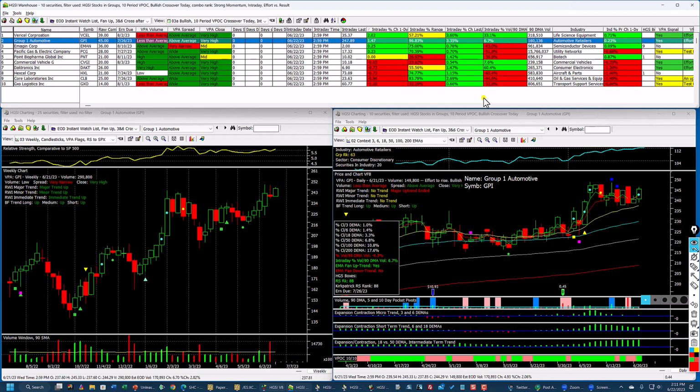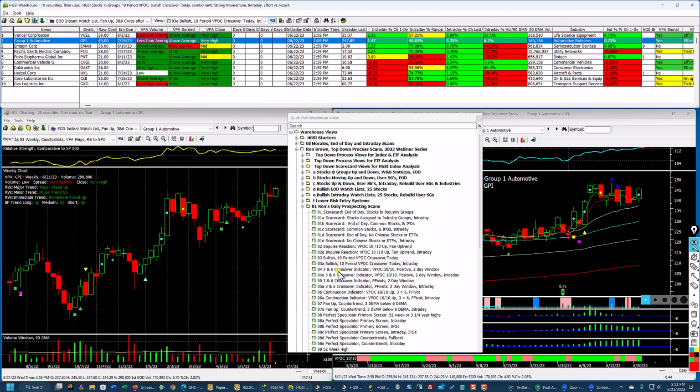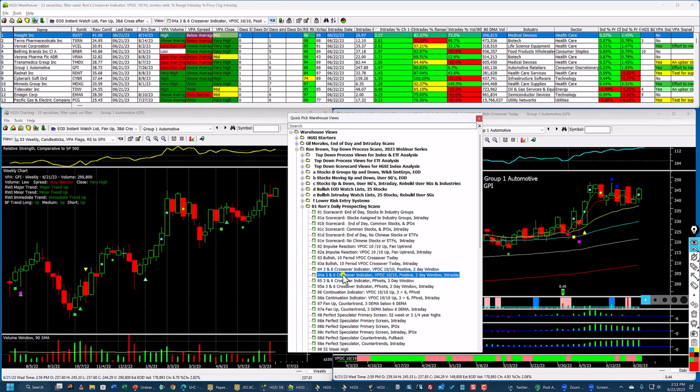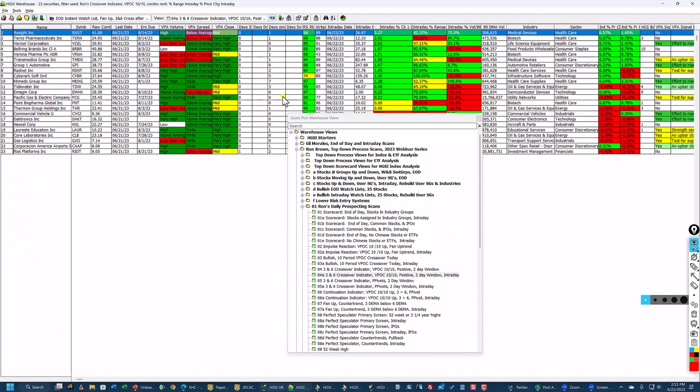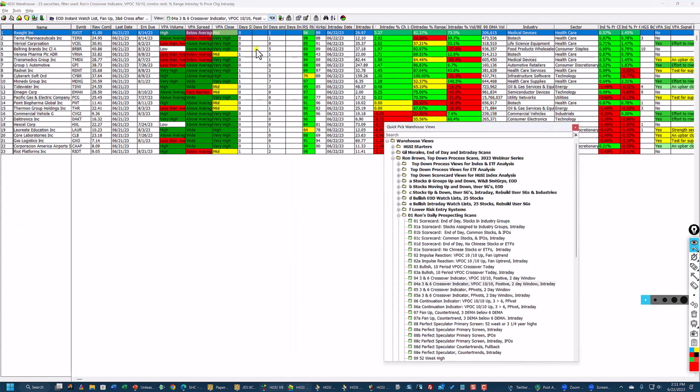Yeah, I could buy 20, 30, 40 shares of it, and if they move, you can still make money doing that. But I'd rather limit my risk with debit spreads. So anyway, this is just one view. And here's a 3-6 crossover right here. You can see that these crossed over the past 2 days. But it's just eliminating everything but.